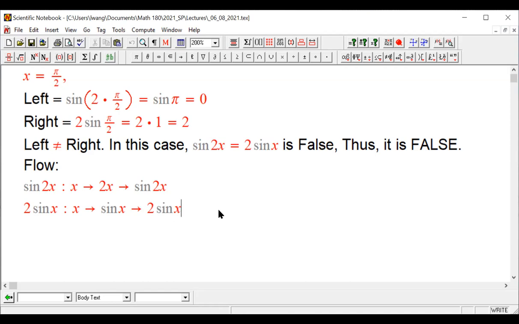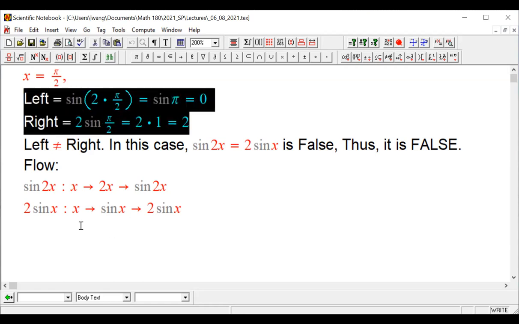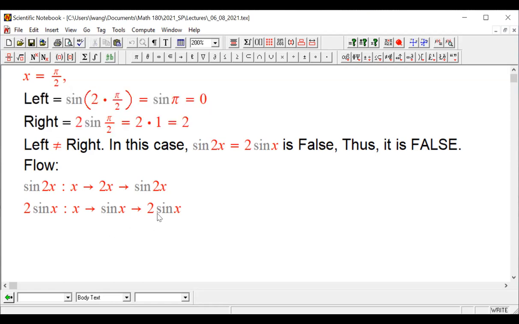And I want to give you one more perspective, from the domain and range.